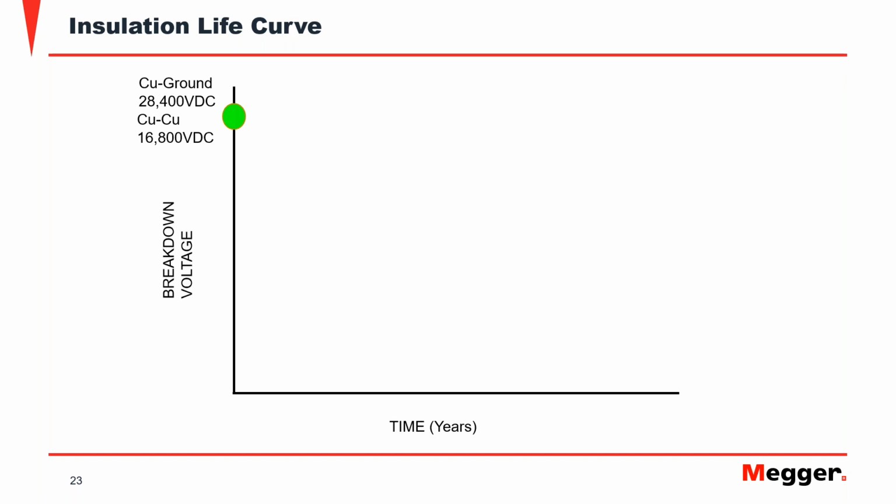Remember I said 8,400 for a single wire? Well, when you put 2 wires together, they have twice as much insulation. That's where you get this 16,800 volts DC.